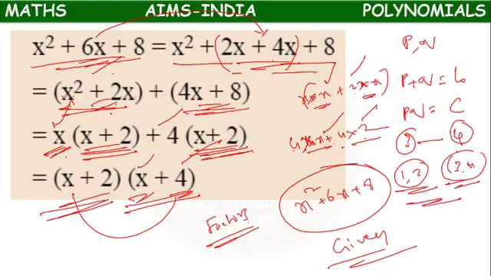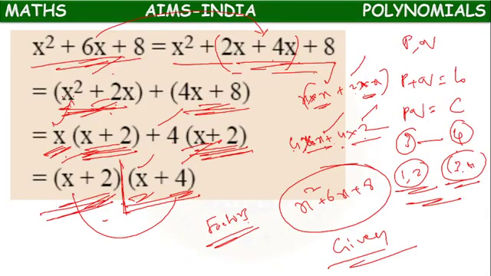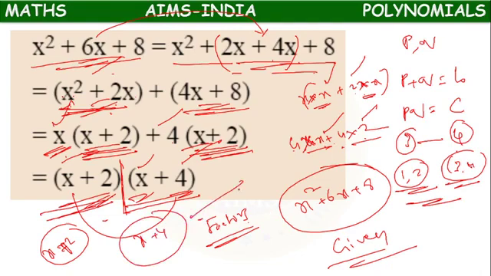Next, we have taken similar terms out. Again, similar term out. We have got 2 factors. One factor is x plus 2. Another factor is x plus 4. Like that, we find out 2 factors.